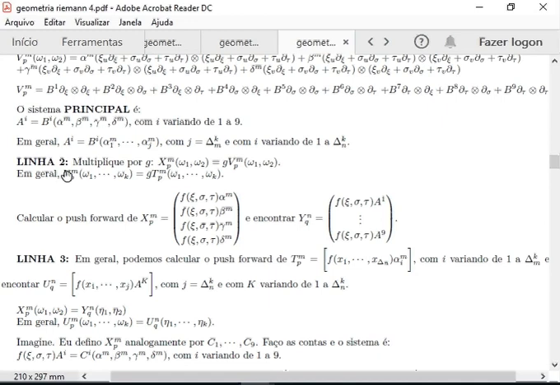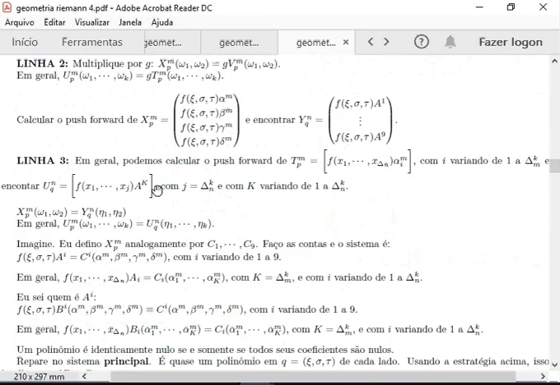Line 2. Multiply by g. xpm at omegas is equal to gvpm at omegas. Generally, upm at omegas is equal to gtpm at omegas. And we now have to calculate the push forward of xpm and find yqn.